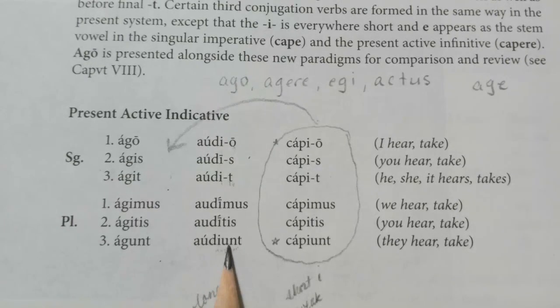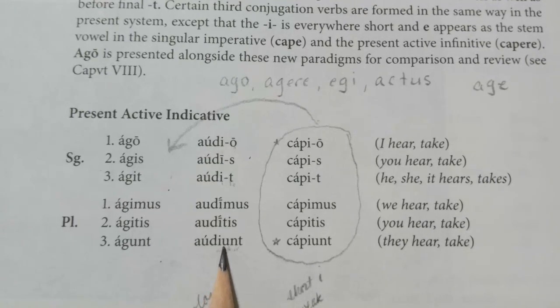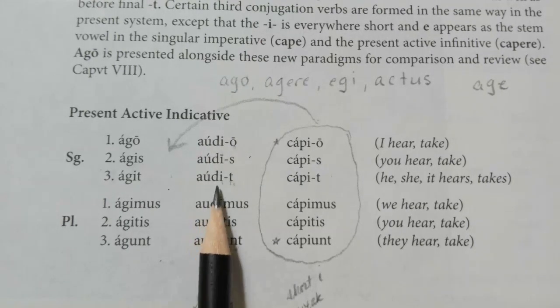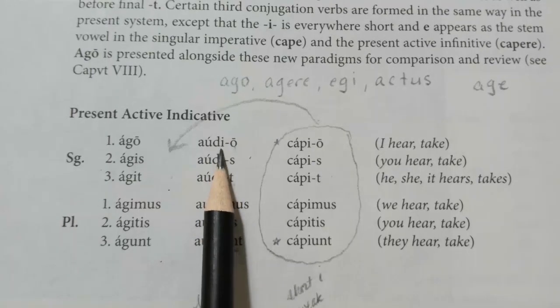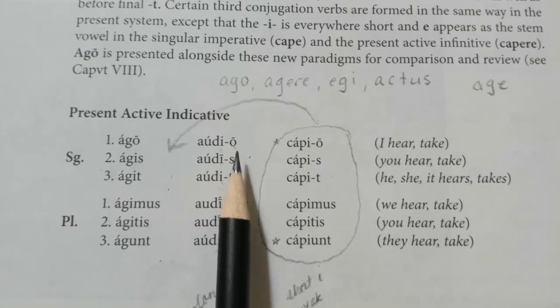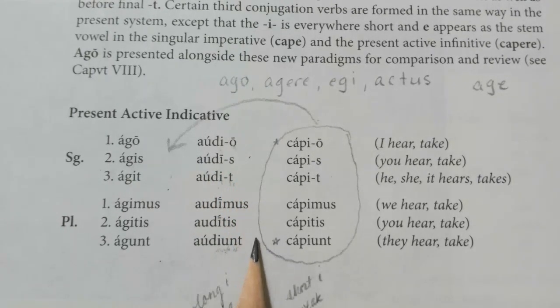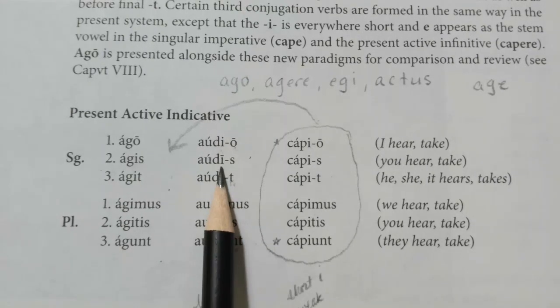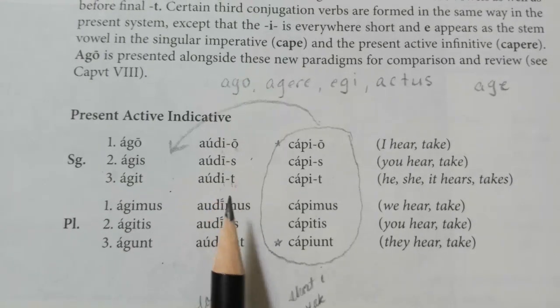So the U comes in, so you don't have audient, you have audiunt, because that nasal is just too much to do with the E sound right beside it. But otherwise, those reasons for the short I in the third plural, third singular, and first person singular are phonetic reasons, because of the personal endings added on to the end. But at heart, in this fourth conjugation, that I is strong, that I is long.